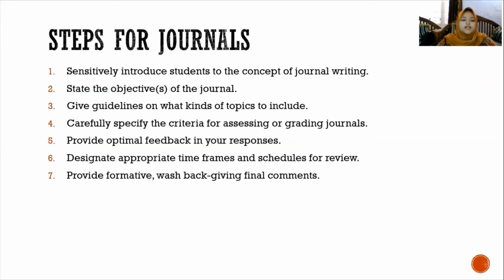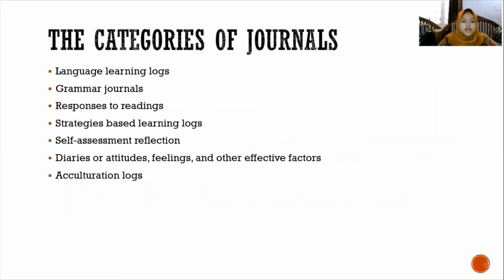The second is set the objectives of the journal. So this is when the teacher should determine the goals and the objective in making the journal. The teachers can determine it based on these categories.